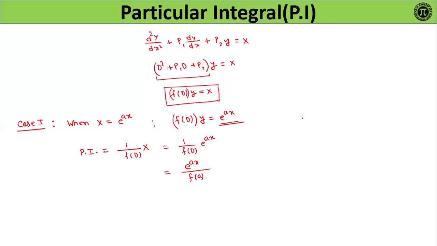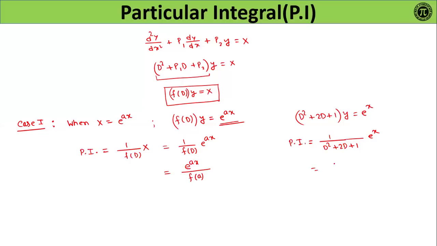Clear? Suppose the equation is (D2 plus 2D plus 1) y equals e to the power x. I am taking an arbitrary example. You can calculate yc, but let's take the P.I. In this case P.I. equals 1 by (D2 plus 2D plus 1) e to the power x. What is the value of a? 1.